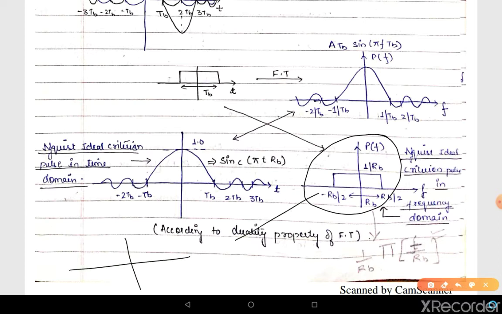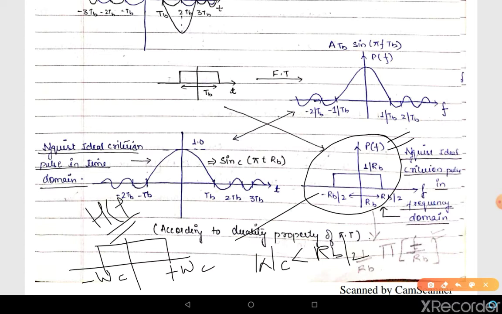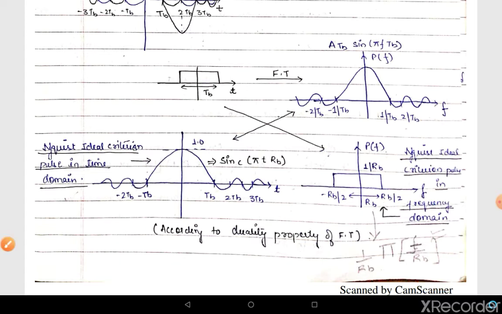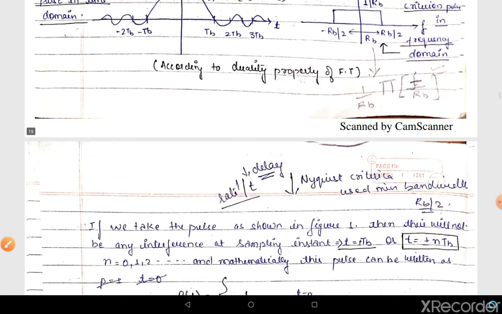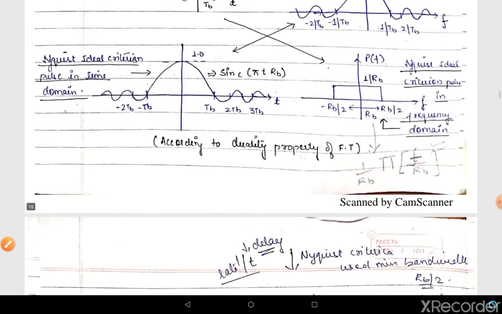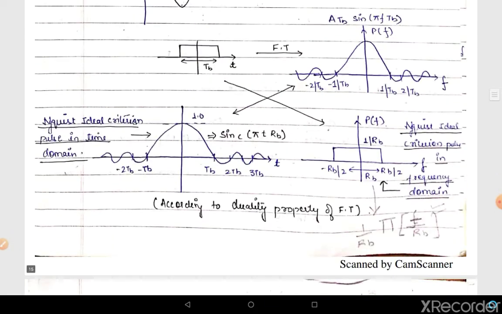My channel is band limited as seen previously, that is from minus omega c to plus omega c. So if my omega c is less than RB by 2, then this pulse P(f) can easily be transmitted through the channel which is your H(f). This is the solution.